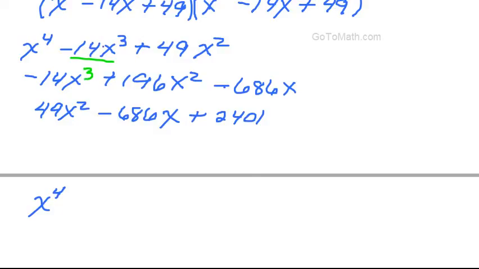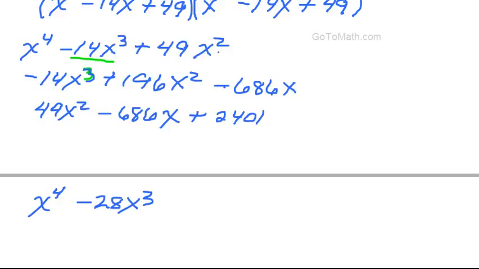Well, I wasn't wanting to use green, but blue again. Yeah, that should be an x cubed. Okay, so we have negative 14x cubed, negative 14x cubed, and that's going to be a negative 28x cubed. All right.